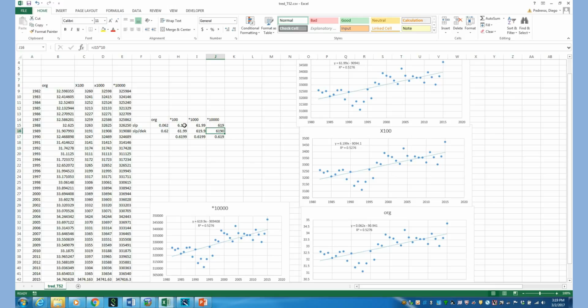So in order to get to the decadal value, the trend per decade, we will have to divide just by 100 to get this value right here, which is the actual trend, or the slope.